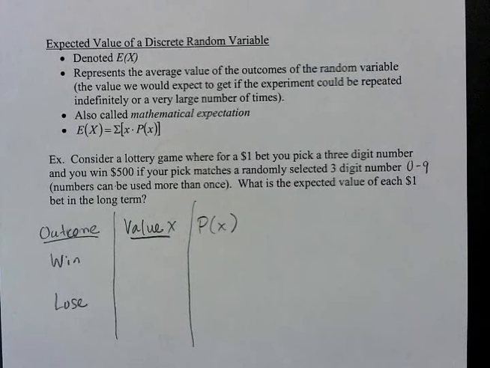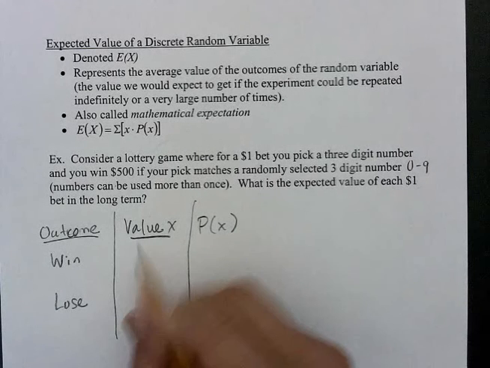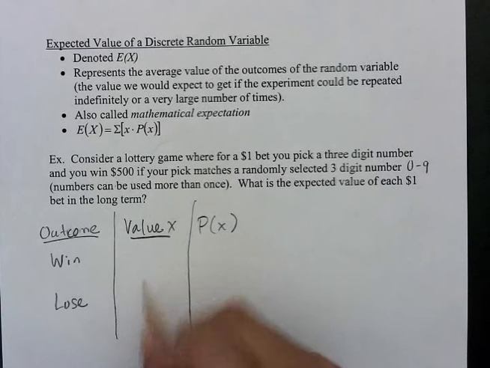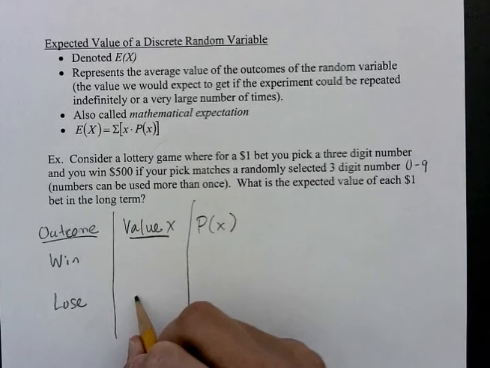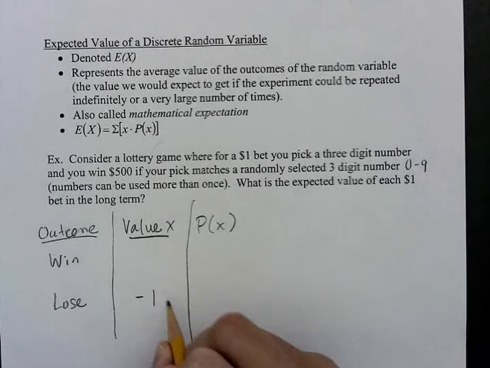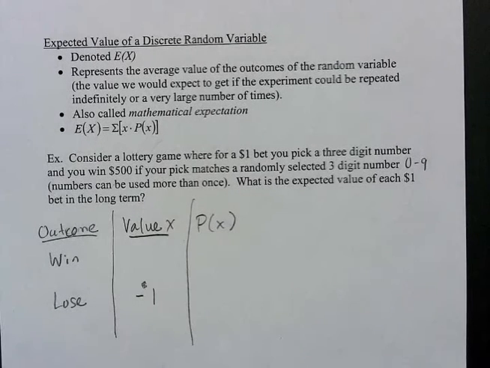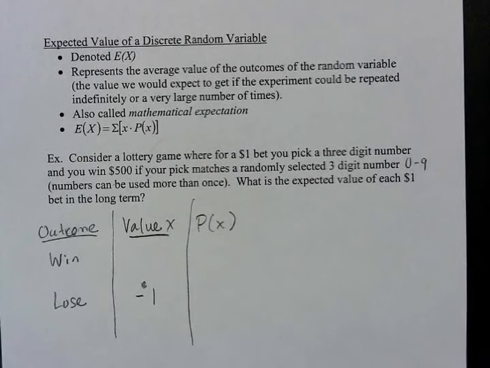All right, so the lose is easier. If you play the game and you lose, what have you lost? You've lost $1. The tricky part here is making sure that you assign these the correct sign. So the lose, we're going to lose $1, and we can label that, but in our calculations we won't use the labels. And then when we win, here's where a lot of people get this wrong. When you win a lottery game, and the jackpot is $500, you haven't actually won $500.